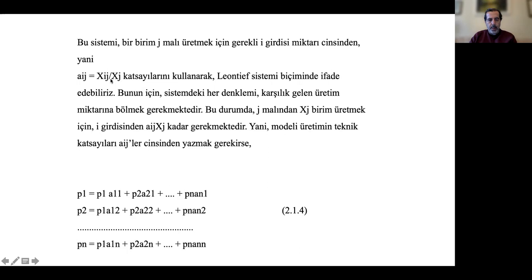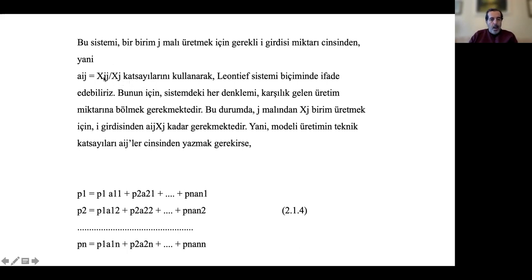Xj in the denominator refers to the total production of the jth good, and Xij refers to the total amount of inputs produced in the ith sector that is used in the production of the jth sector. So, no, it's the other way around. I'm sorry again.